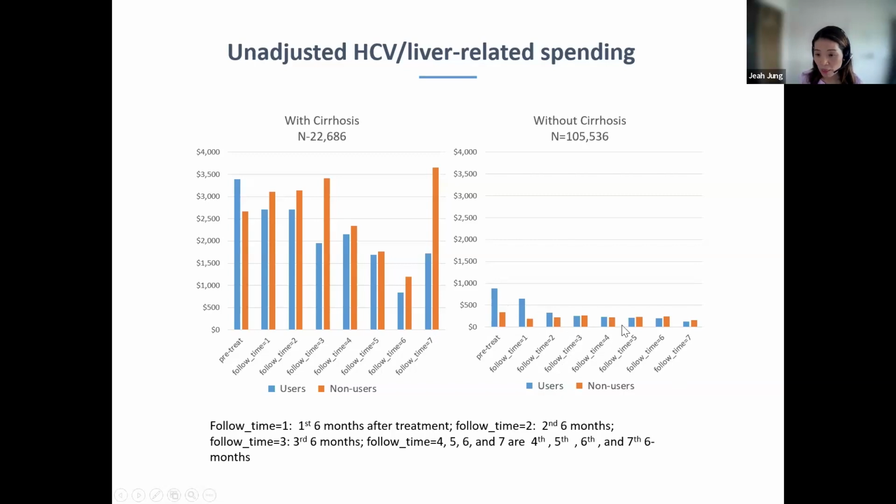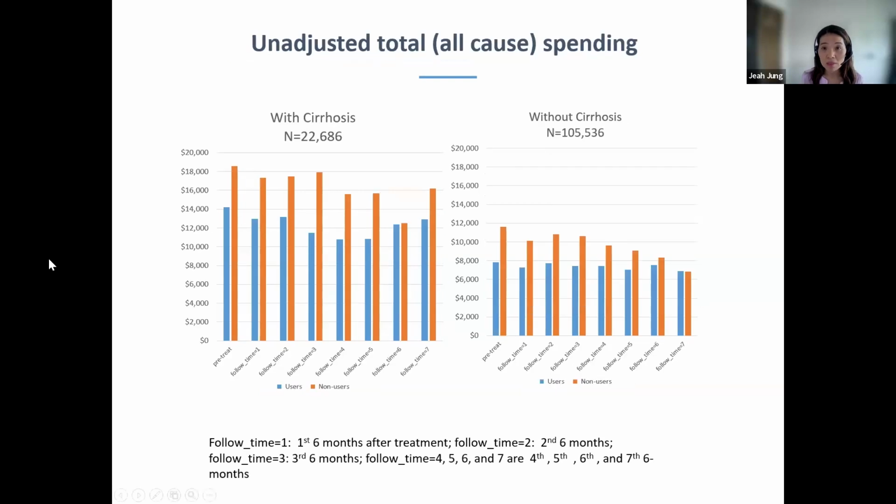Then over time, there is no difference in medical spending between users and non-users if they didn't have cirrhosis. And this is Hep C and liver related spending. This is total spending, regardless of whether they were treated for Hep C or not. You see a similar pattern: those who have cirrhosis and use the DAAs save a lot, and now that pattern happens even for those without cirrhosis as well.